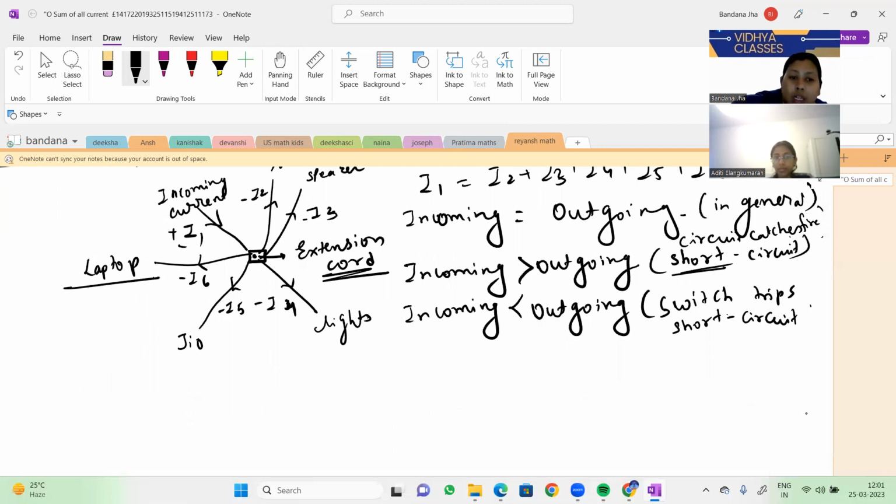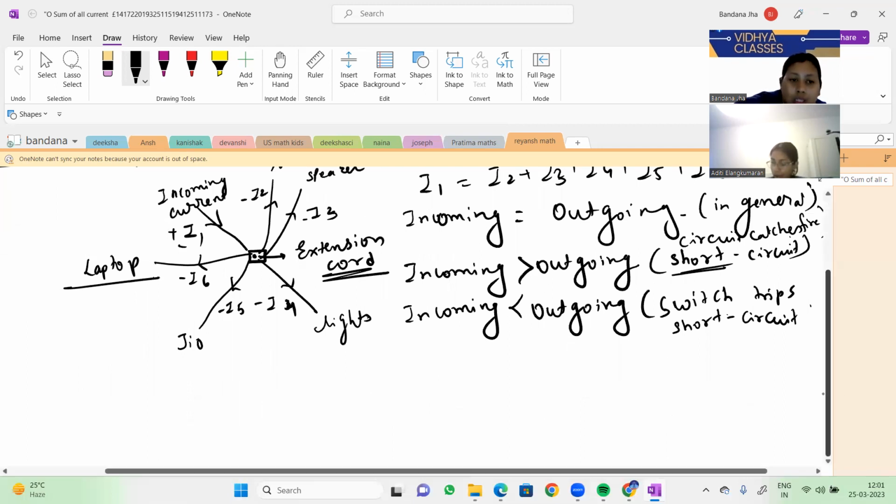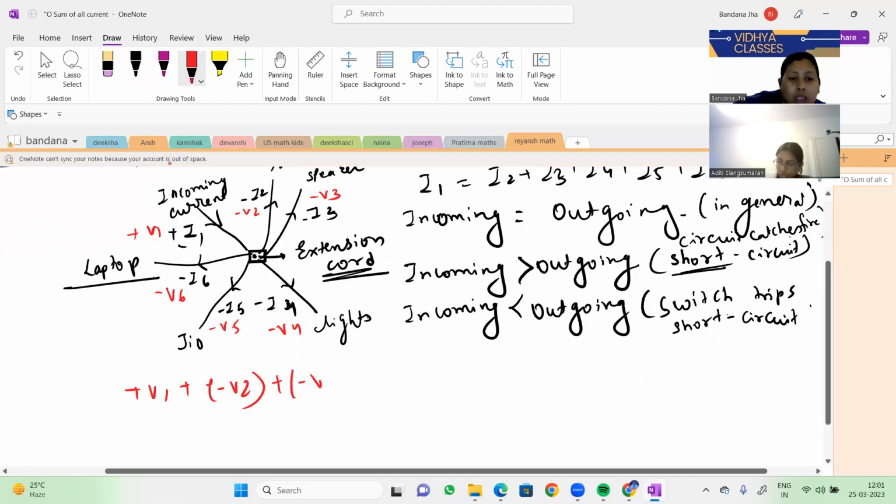The same thing applies to voltage. For this extension, here we have taken the voltage V1 as positive, minus V2, minus V3, minus V4, minus V5, minus V6. So plus V1 plus minus V2 plus minus V3 plus minus V4 plus minus V5 plus minus V6 is equal to 0.